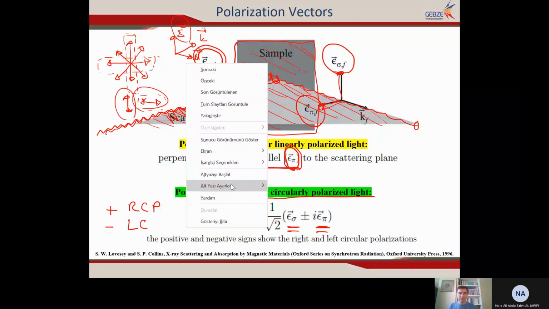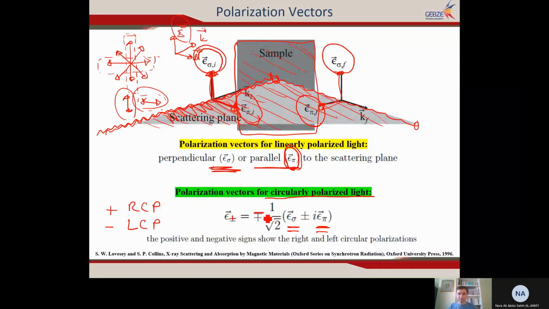So if we have RCP, then we have positive sign here, negative sign here, and positive sign here. If we have LCP, then negative sign here, positive sign here, and negative sign here. So we have 1 over square root of 2 E sigma plus minus i E pi. Okay, this is the imaginary part. And in case of circularly polarized light, we have both parallel and perpendicular components of the polarization.